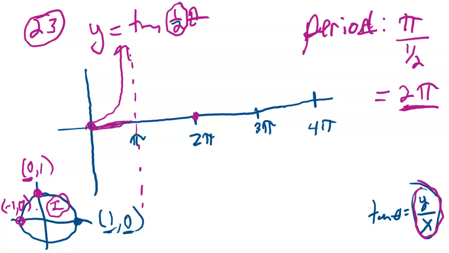But if you notice, the other side's not drawn. We have a vertical asymptote between pi and 2 pi. So think of 1/2 of these values. 1/2 of pi is pi over 2. 1/2 of 2 pi is pi. So that's in between pi over 2 and pi.